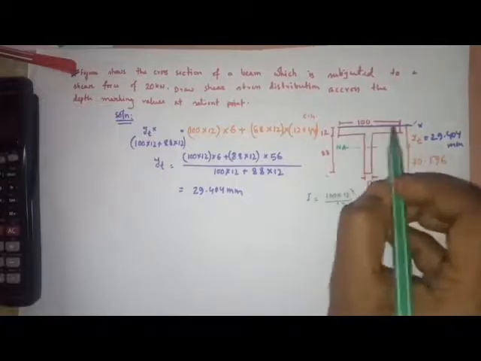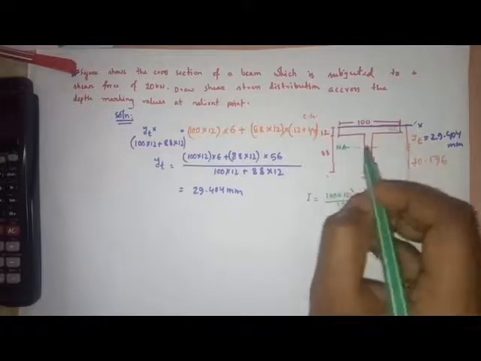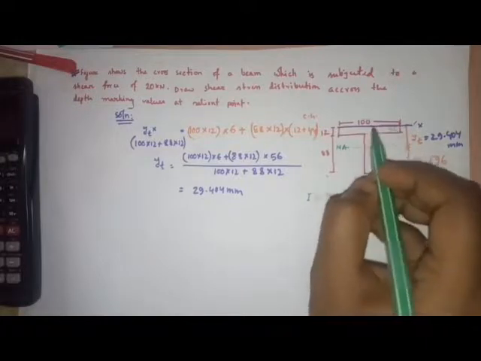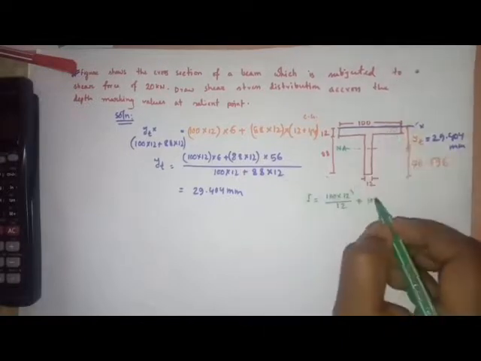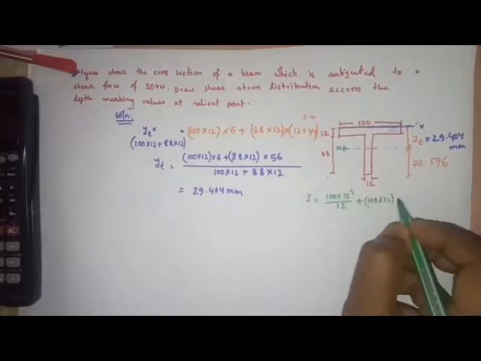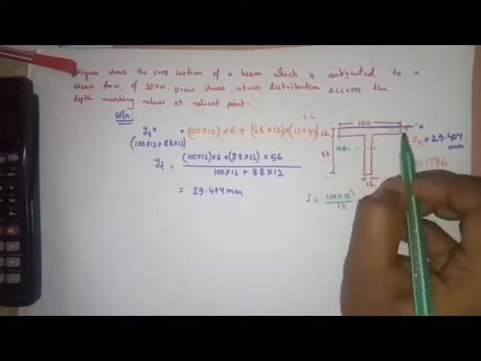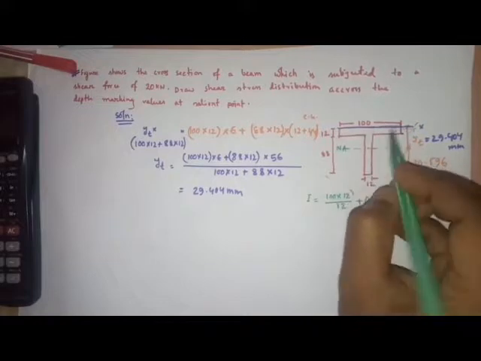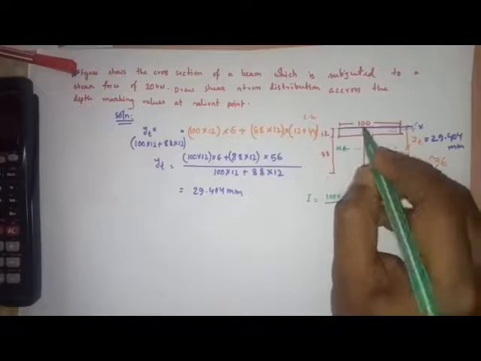this centroid is not on the neutral axis, so you have to find out A D square. So A D square will be 100 into 12, and D is the distance of this centroid, which is 6 from the base, while the neutral axis is at 29.404.